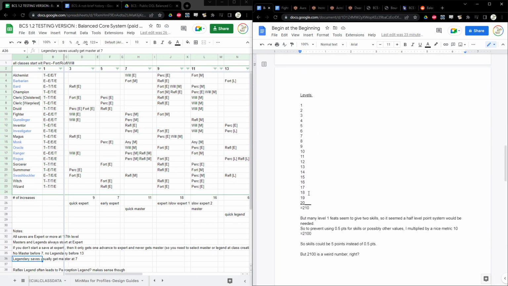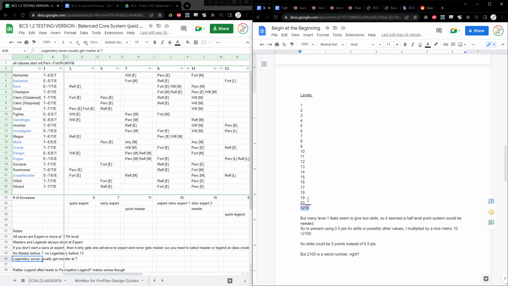I was also analyzing different feats, ancestry feats, class feats, archetype feats, and I had the idea that skills might be worth half of a level 1 feat, because there are a lot of level 1 feats that give you 2 skills and a little bonus. So I had the idea that skills might be worth half a level.